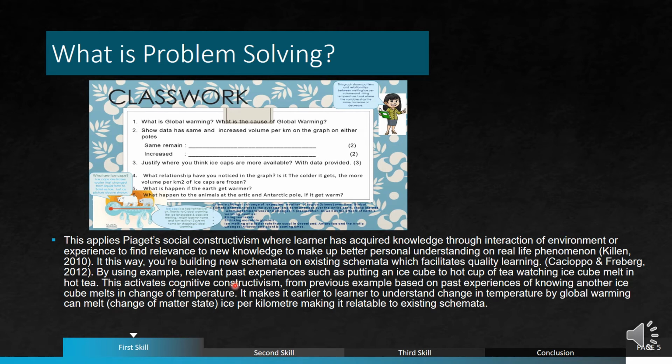By using this example, relevant past experiences such as putting an ice cube in a hot cup of water and watching the ice cube melt with the change of temperature make it easier for learners to understand that the change in temperature by global warming can melt the ice per kilometer, making it relatable to existing schemata.